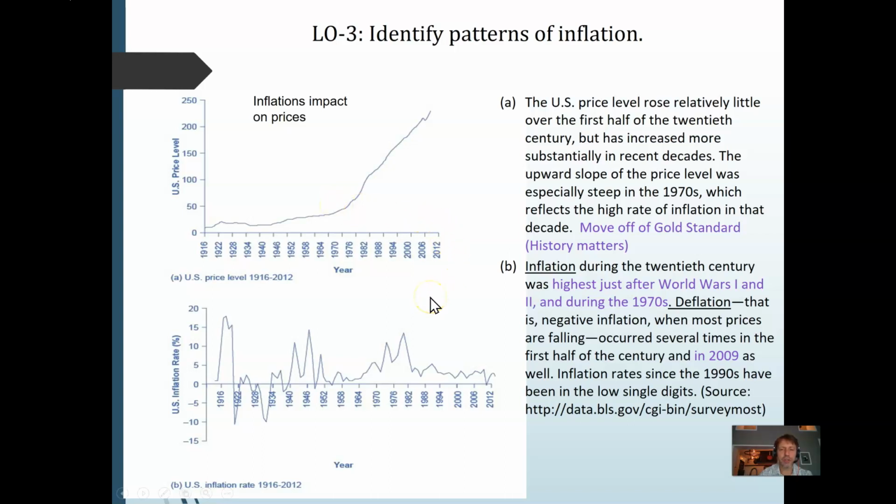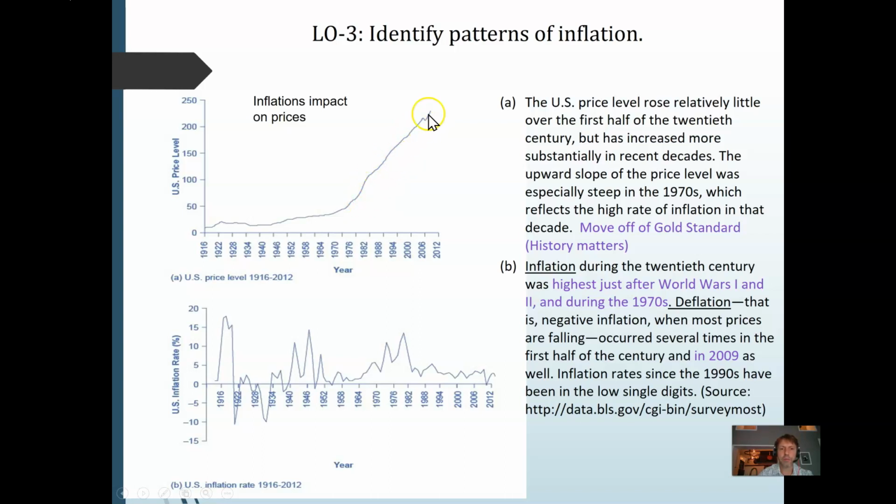There's a lot of issues with trying to keep gold around, but this is when all governments were able to start moving away from just printing money based off the amount of gold they have to being able to print money or create new monies like we did during this pandemic by coming up with a $3 trillion stimulus. We couldn't have done that if we were on the gold standard.